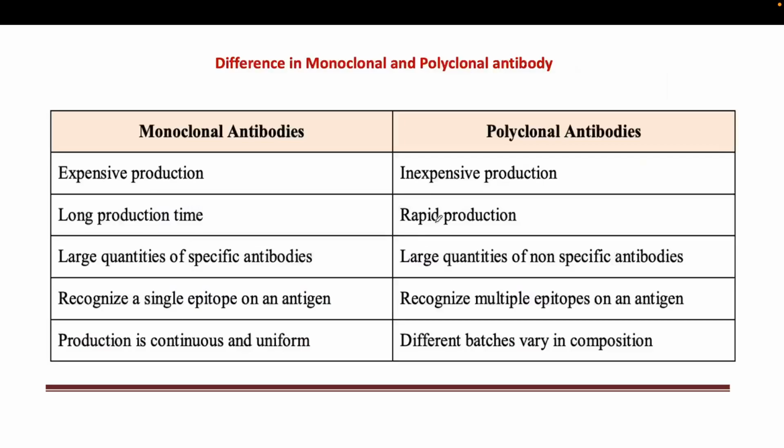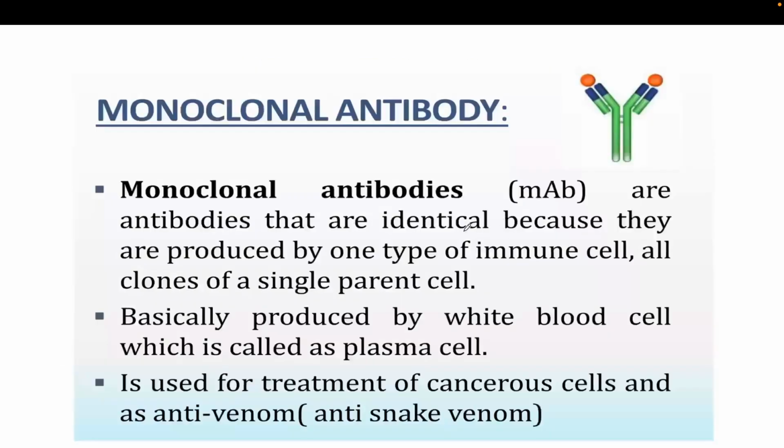polyclonal? First, monoclonal antibodies, as the name suggests, mono means single. Here you can see the structure of the antibody, the monomeric structure of the protein. This CDR region, or antigen binding site, is the same kind of antigen determining site on both arms.